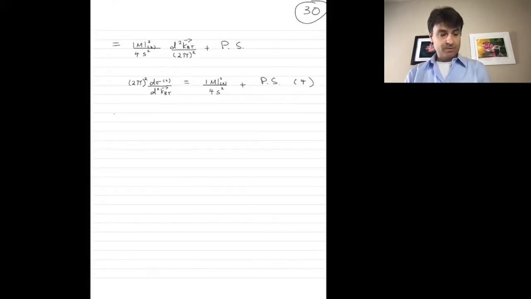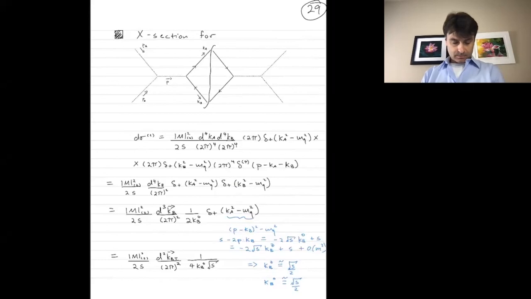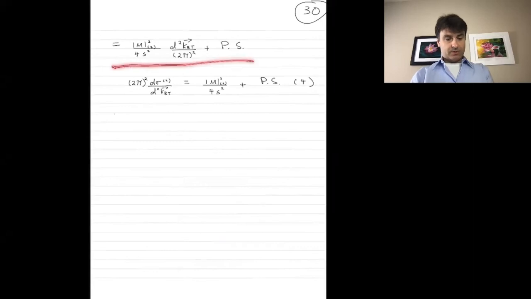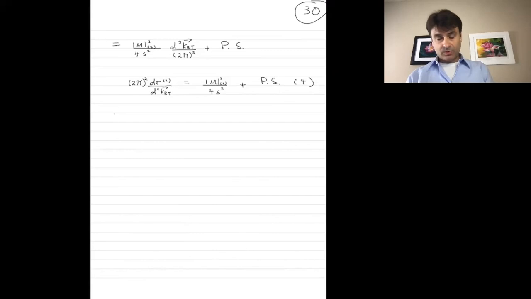Just a few more steps. KB0 is again square root of S over 2. And so I get this expression. Or in other words, if I bring the phase space d2 kbt over 2 pi squared, then if I use that, I can compare with the 2 to 3 scattering.